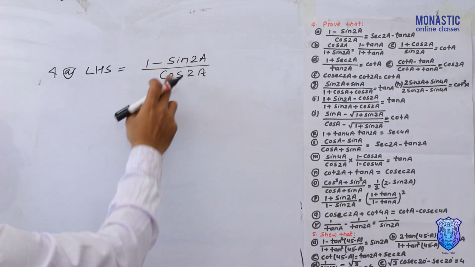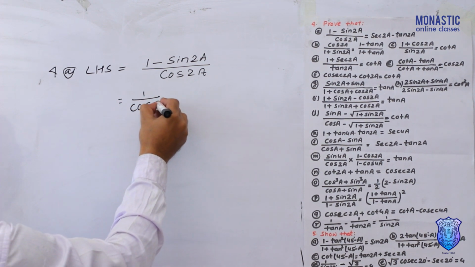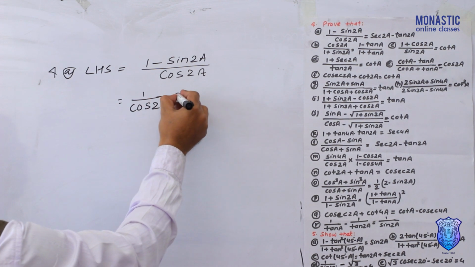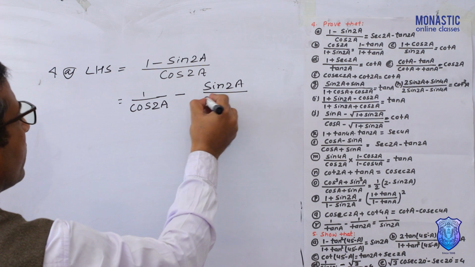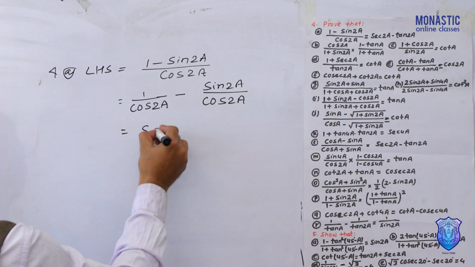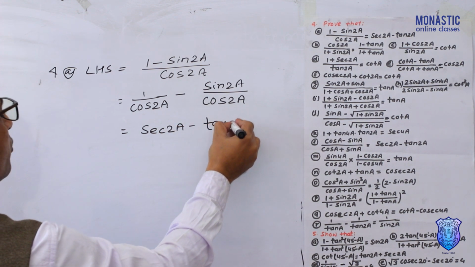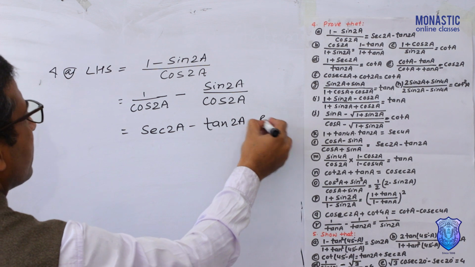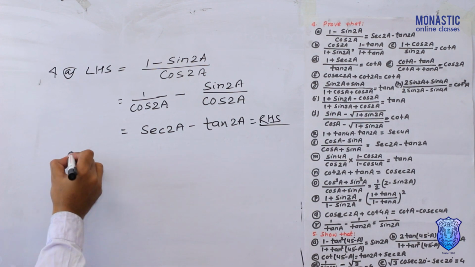If I separate this, if I write it this way, 1 by cos 2A minus sine 2A by cos 2A, then we will get sec 2A minus tan 2A. That's your result. That's the proof completed. Question number B.